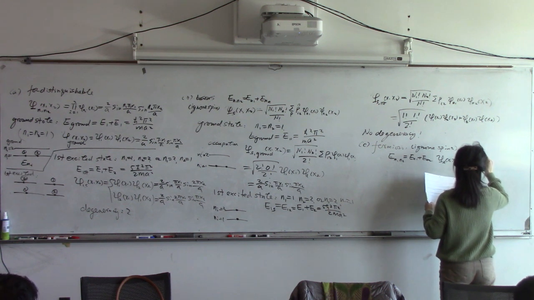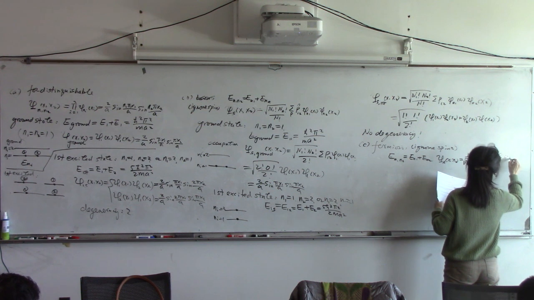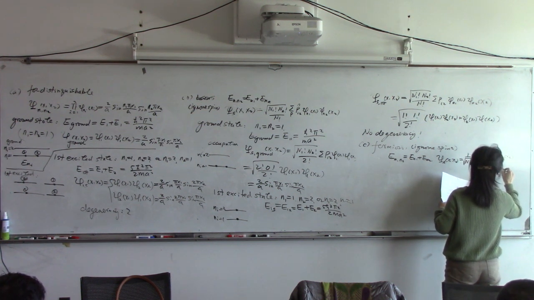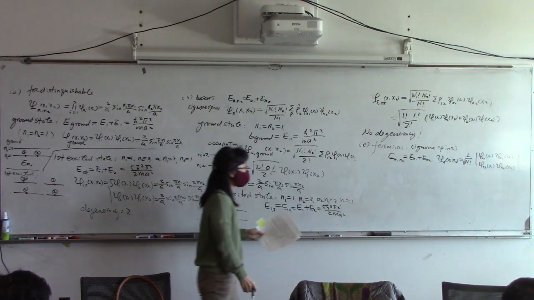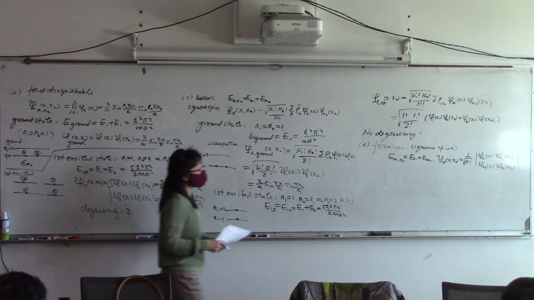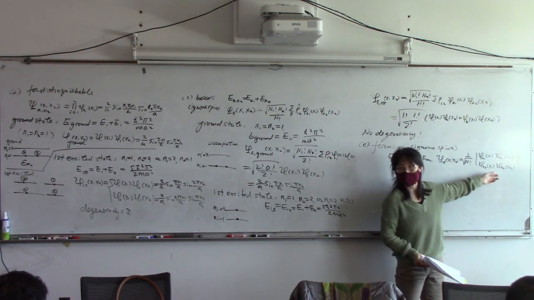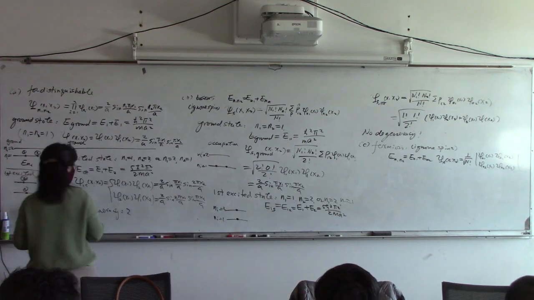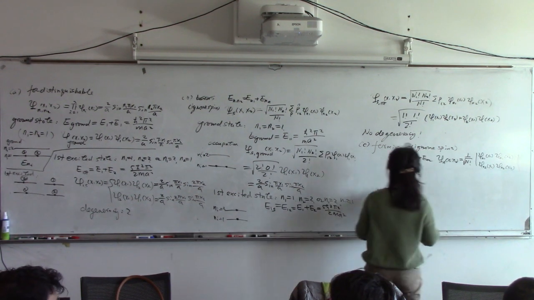So that is the determinant of psi n1(x1), psi n1(x2), psi n2(x1), psi n2(x2). Since there's no spin, the number of particles is definitely less than the number of states, n from 1, 2, 3 until n. So we will not worry about this later. Okay, so that is general.